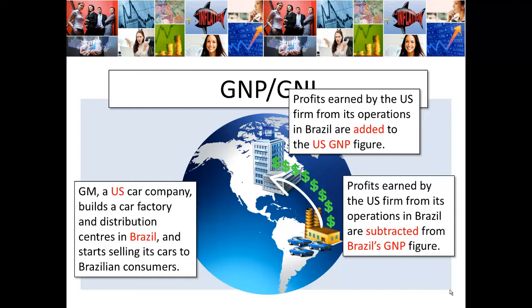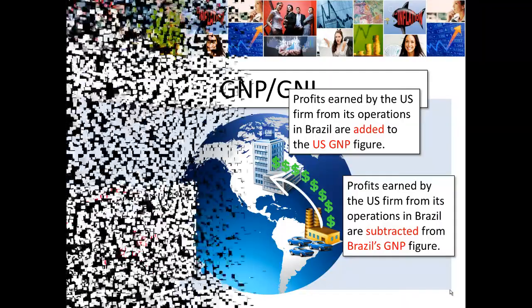So that's money leaving Brazil, making Brazil a little bit poorer, and entering the US, making the US a little bit richer. So in this case, America's GNP figure will be higher than its GDP figure, while Brazil's GDP figure will be higher than its GNP figure.